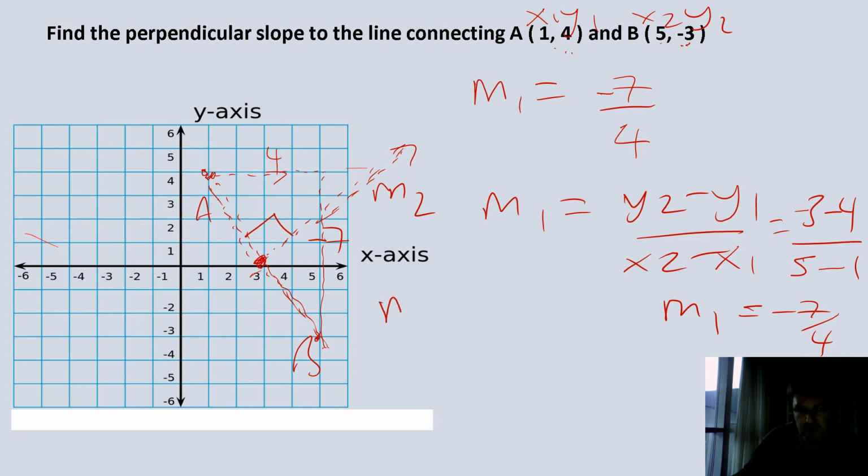Well, the slope M2 is actually just the negative reciprocal of slope M1. So what that means is if you just take this fraction and turn it upside down and reverse the sign, you will actually have the slope of the line that is 90 degrees to line AB.